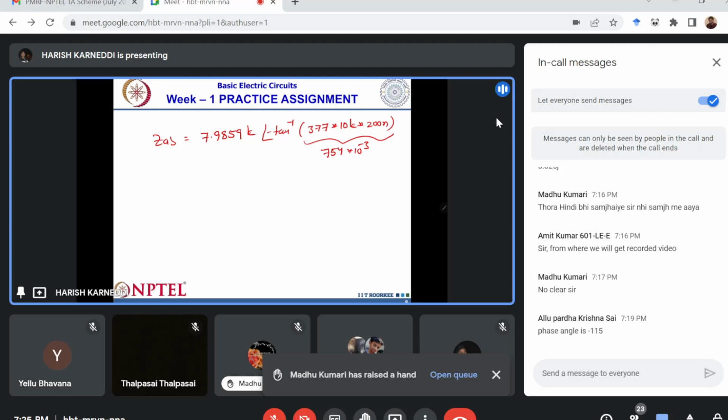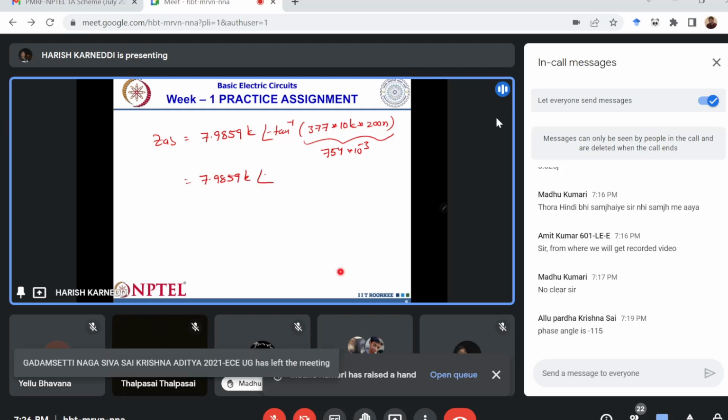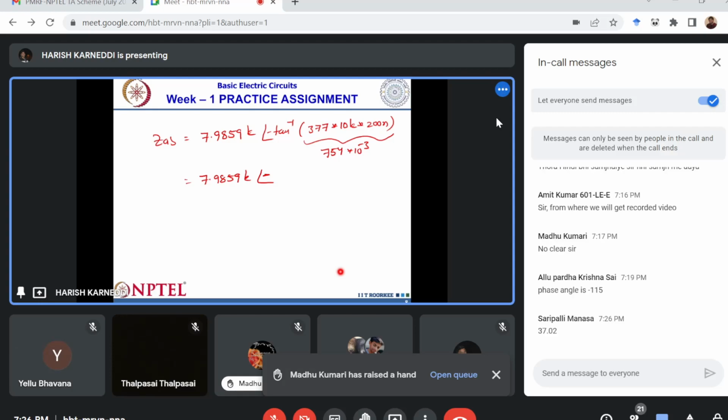Okay. What is this tan inverse angle? This is 7.9859 k at an angle of minus tan inverse of 754 into 10 power minus 3, that is minus 37.015.